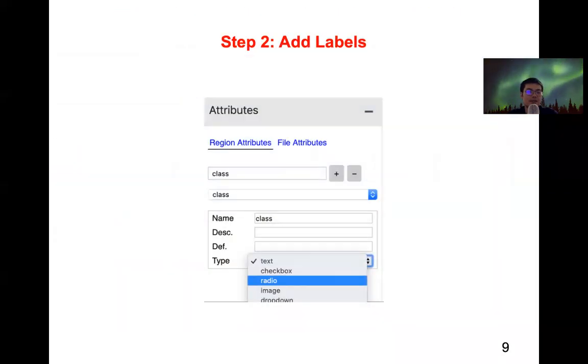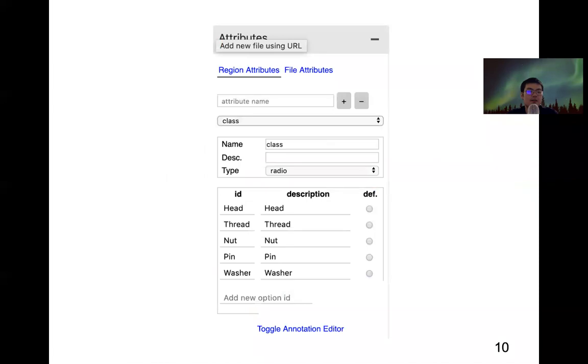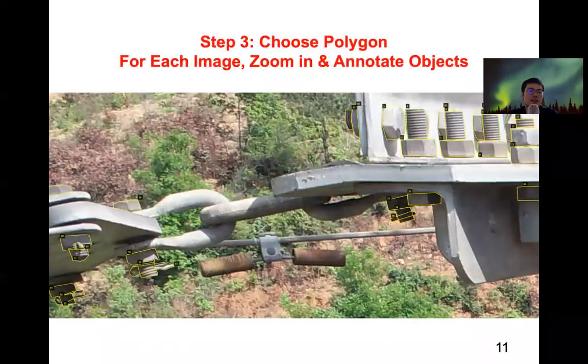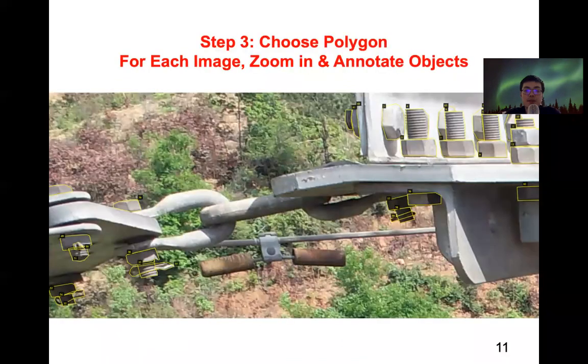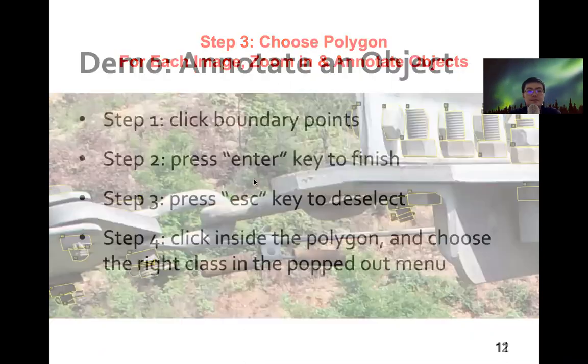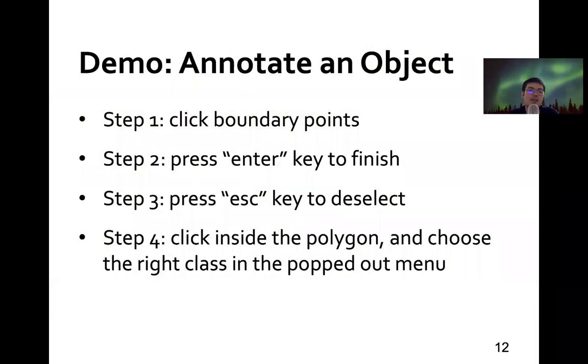So it will look something like this, and then you can annotate the object. Keep in mind, if you look at an object numbered 50 here, in the annotation file you should look for it as object 49, because the file starts from 0 but this annotation starts from 1. Then the steps: click the boundary points and press Enter to finish.